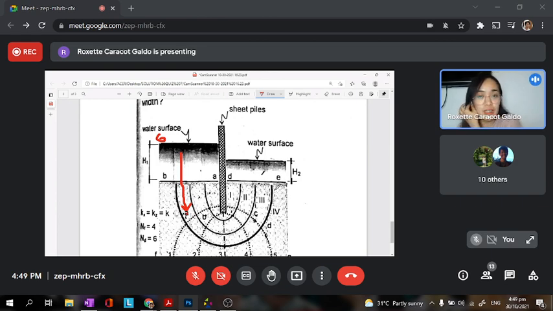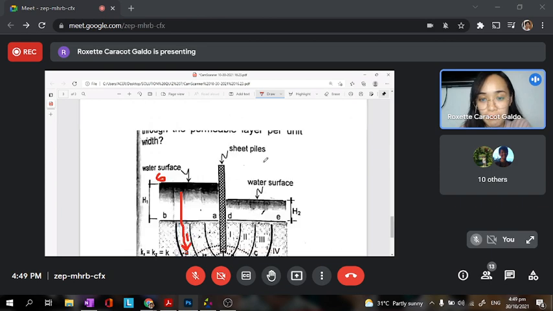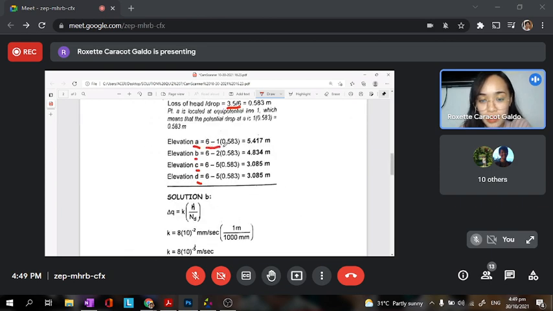Basically kung mag-insert yung piezometer, mabalaan man nimo, that will be equal to the rise of the water in the piezometer. So kung 6, mamainusan siya og isa, di ba? Maagi siya isa ka approximate square. Therefore, the pressure head at point A would be equal to initially 6 minus isa ka potential drop, so that would become 6 minus isa ka 0.583, that would be equal to 5.417 meters.